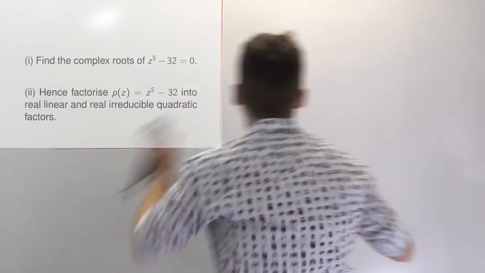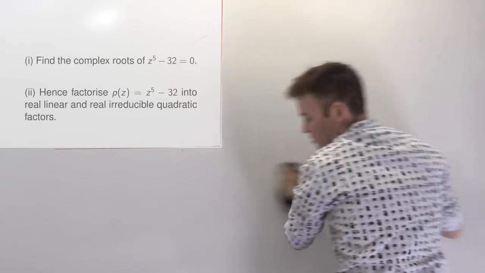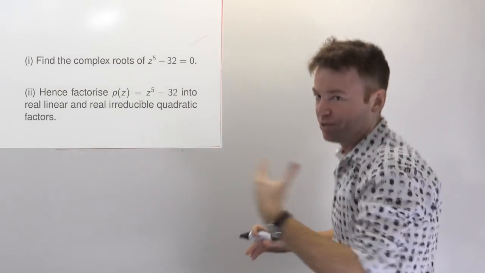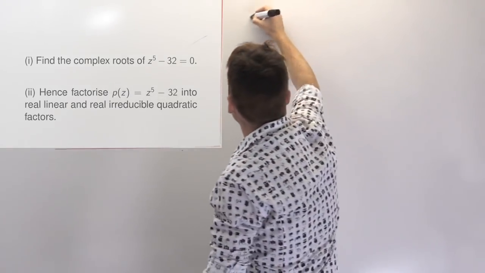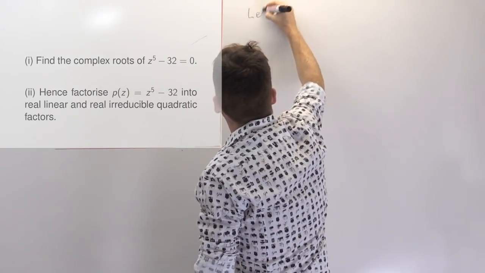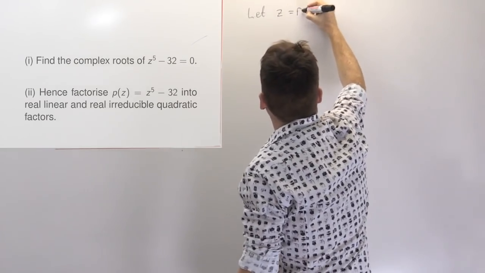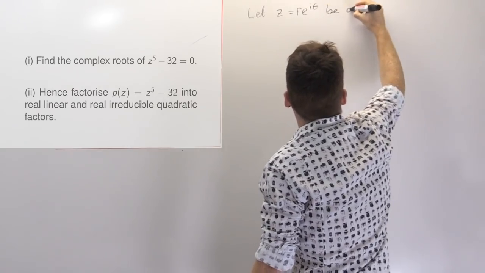Okay, now this is the one where you need polar form because it's got a big power of z, and for all powers of z other than finding square roots, you probably want to be using polar form. So I'm going to let z, and I'll choose its polar form, e to the i theta, be a solution.